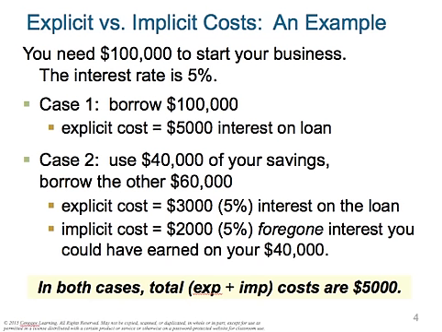So the explicit cost is 5% interest on the loan, which is $3,000. So 5% of $60,000. And the implicit cost is $2,000, which is the foregone interest, rather, you could have earned on your $40,000.